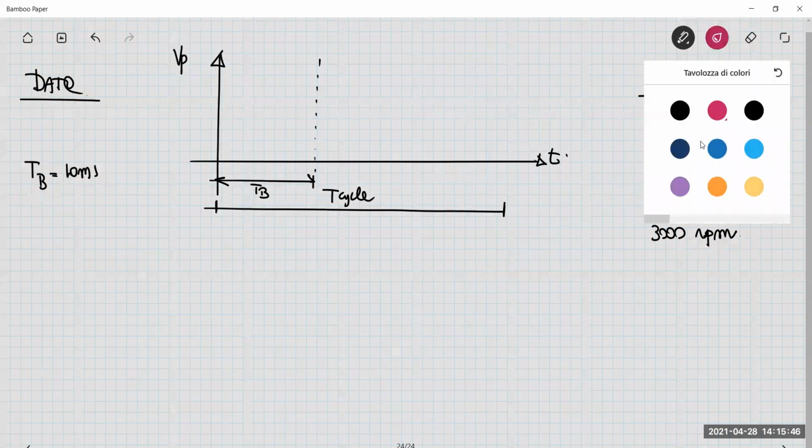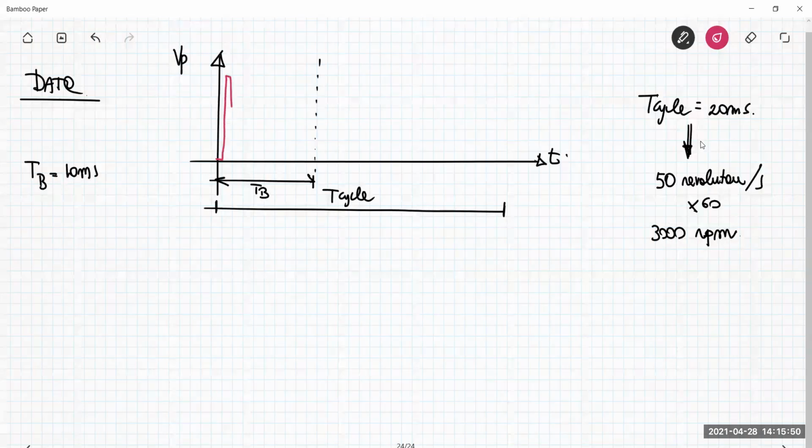And here I have several pulses. I have 10 pulses here.